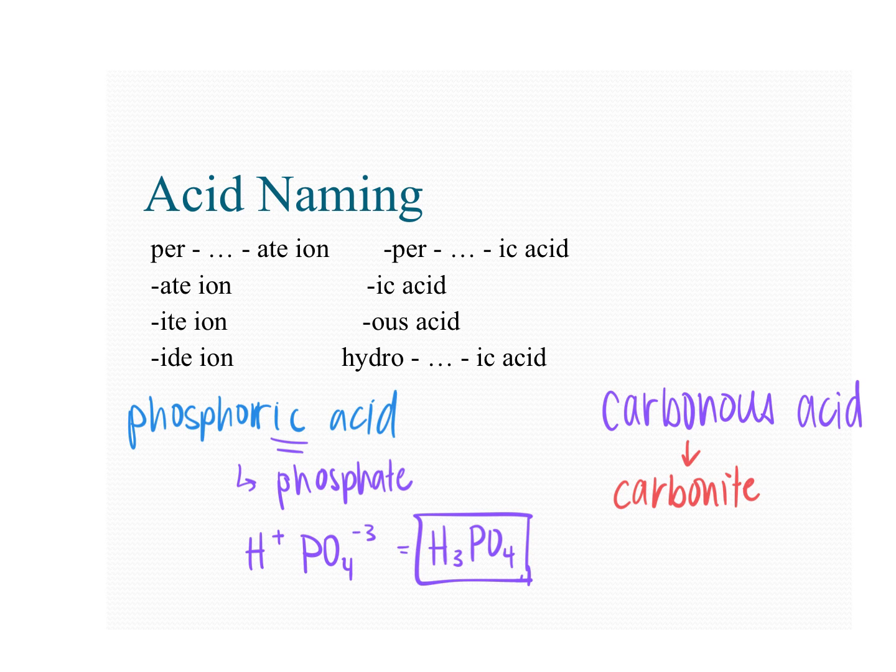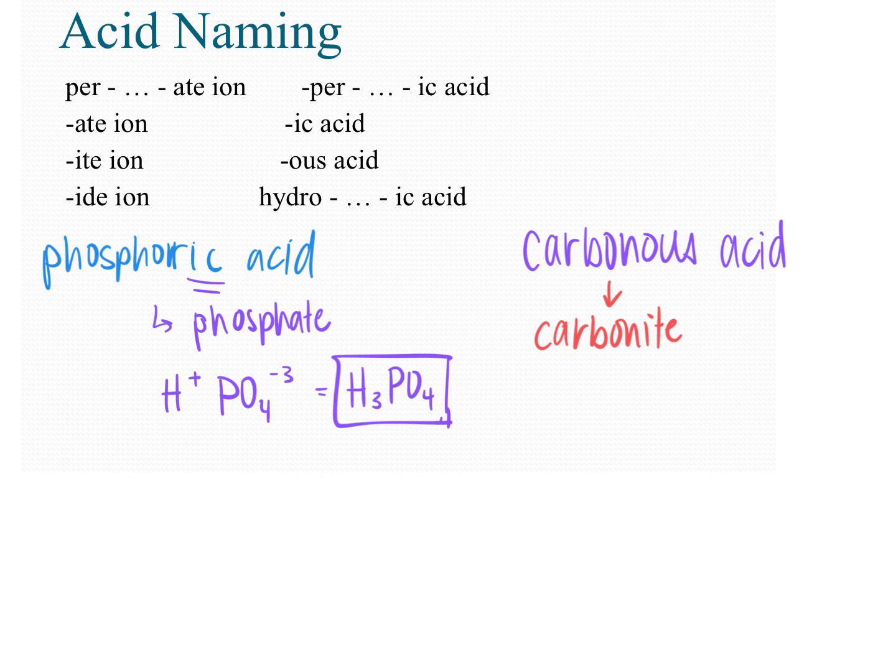Is it on our table? It's not in the box, but what is in the box? Carbonate. And what do I know about carbonite? We take away an oxygen. So what's the formula for carbonite then? CO2 minus 2, right? CO2 minus 2.